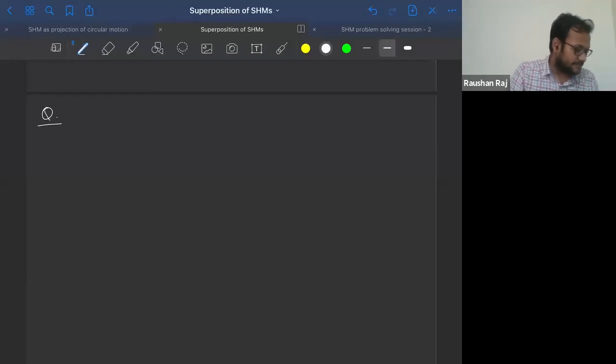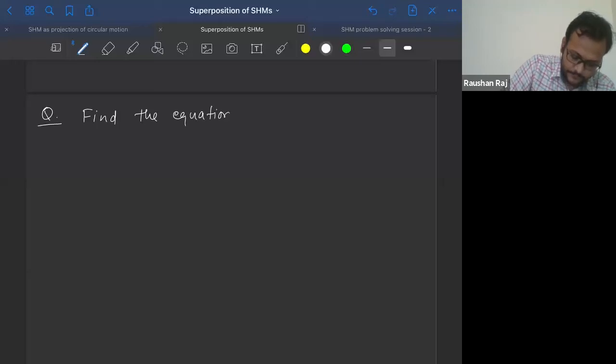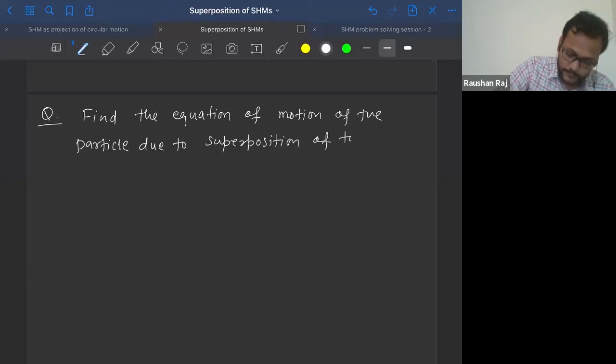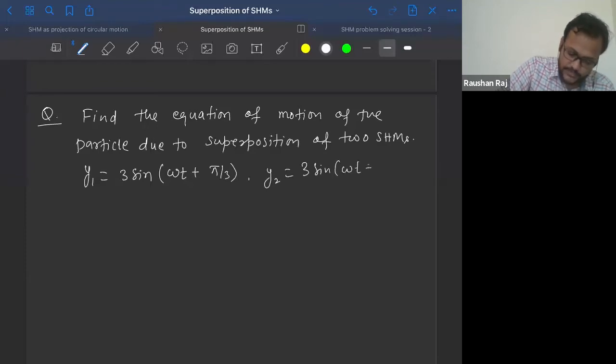If you have understood the concept, find the equation of motion of the particle due to superposition of two SHM, that means two simple harmonic motions, where y1 is given as 3 sine of omega t plus pi by 3, and y2 is given as 3 sine of omega t plus 5 pi by 6.